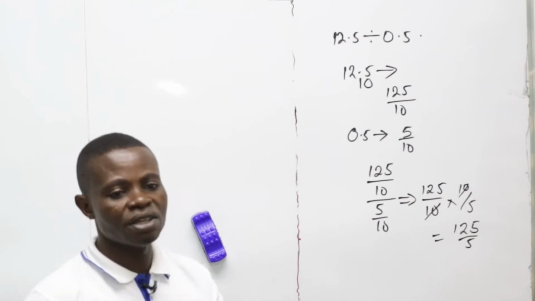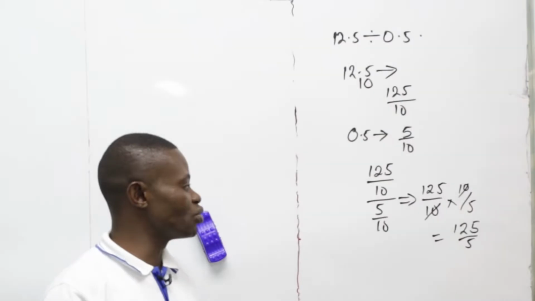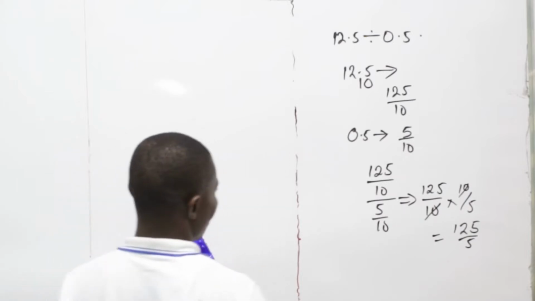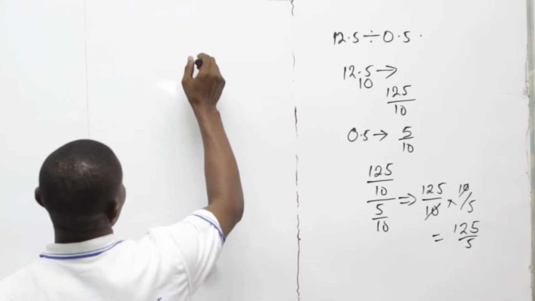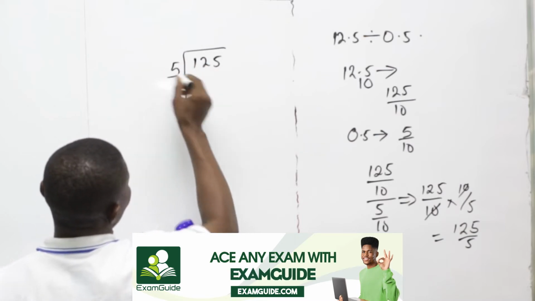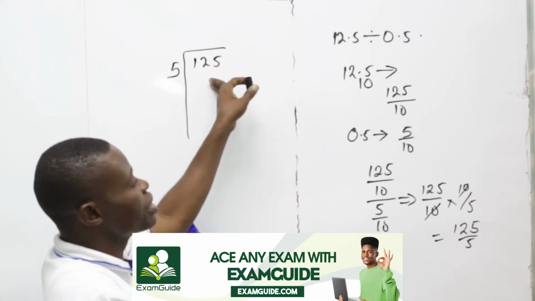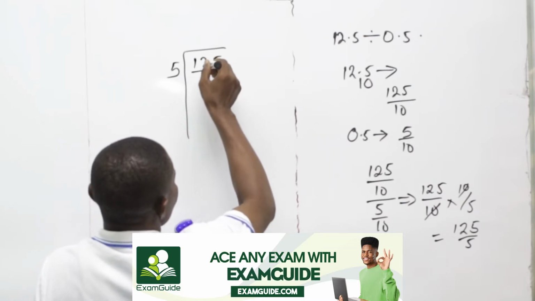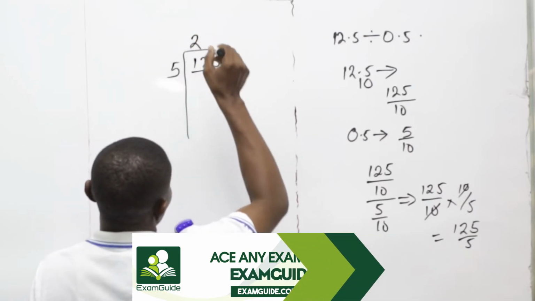At the end, introduce that point you need to introduce. So let's go ahead to divide. This is 125. If the number is too big, you can group into 2. How many 5 are in 12? 2.